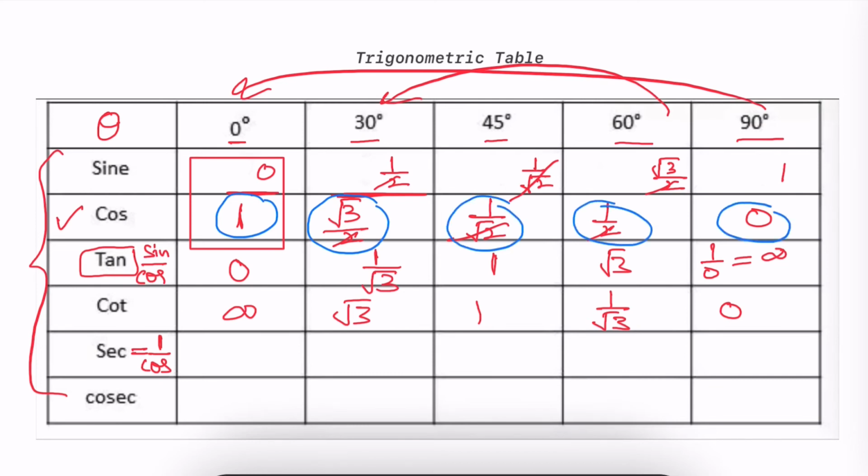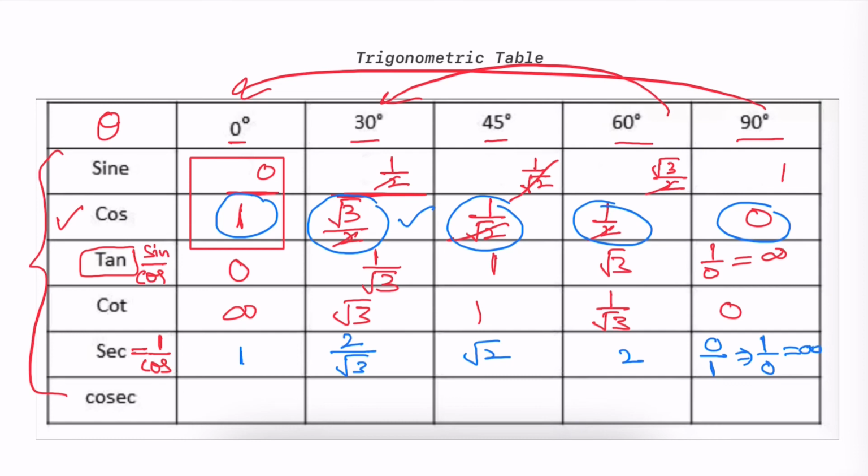Okay, so I'm going to take the reciprocal of all these values. You can see the reciprocal is 1, so the reciprocal of this is 2 over under root 3, under root 2, 2. And what is the reciprocal of 0? As you can see that 0 can be written as 0 over 1. So the reciprocal of 0 is 1 over 0, which is further equal to infinity. So this will be infinite.